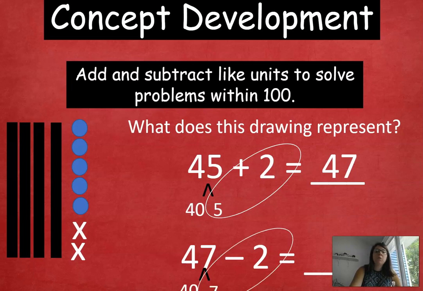Now, what this is showing you, this number bond here, I'll show you on my board too. This number bond is showing you how to break the 47 into tens and ones. There are 4 tens, or 40, and 7 ones. Now, what's easiest to do is to take your ones, like units, similar units, and subtract from there. We know 7 minus 2 is 5, so we're going to take 5.